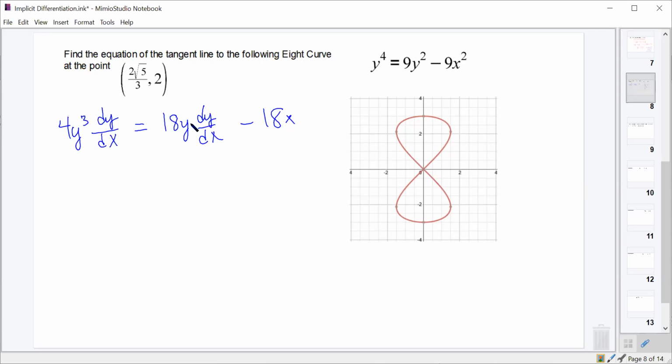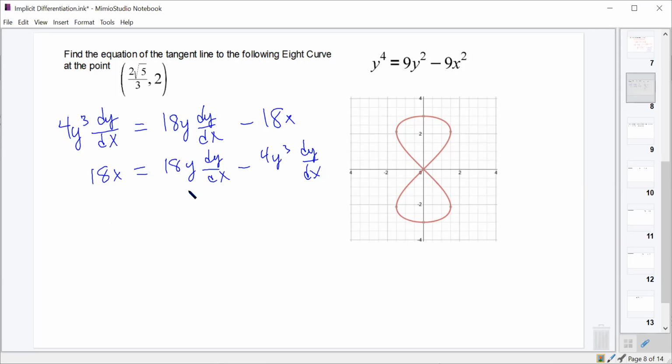So I'm going to try and keep this positive. So I'm going to bring the 18x over here and subtract the other, 18y dy dx minus 4y cubed dy dx. If you do it the other way, you'll have a negative 18 and a 4y cubed minus an 18y. That's fine. Doesn't really matter.